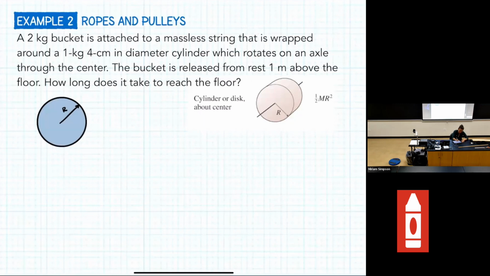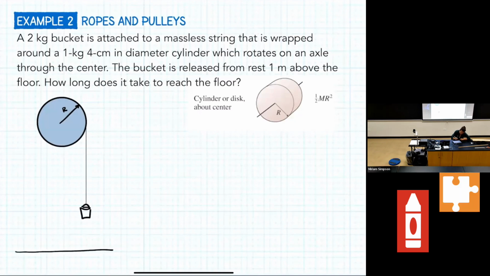You're really sure about that? Okay, so I made the string small because it's massless. And the bucket is released from rest. Here's a bucket, and then it's 1 meter above the floor.